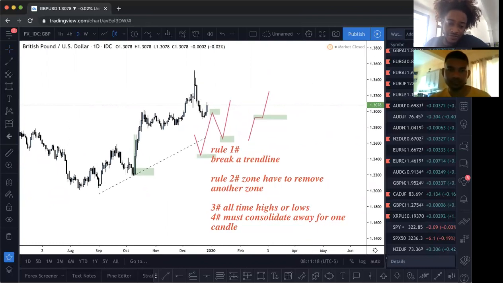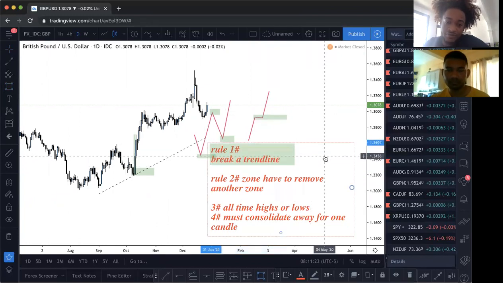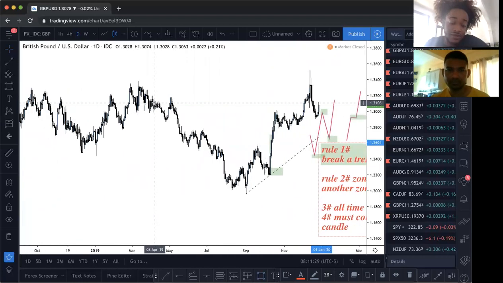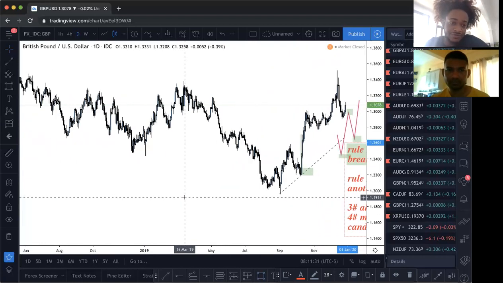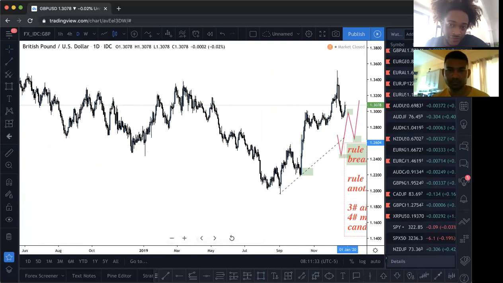Let me just go over this because I'm not sure if you're aware of how to use this properly. For the break of a trend line, if you were watching the videos, you draw it from the two most recent valleys or peaks, as a rule.